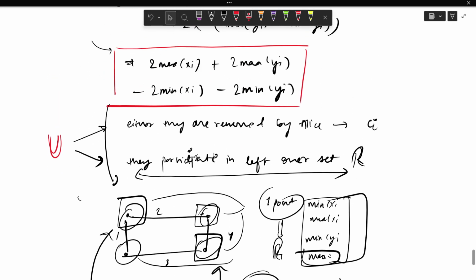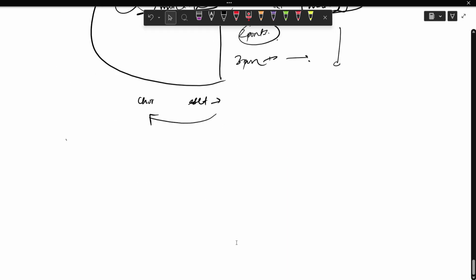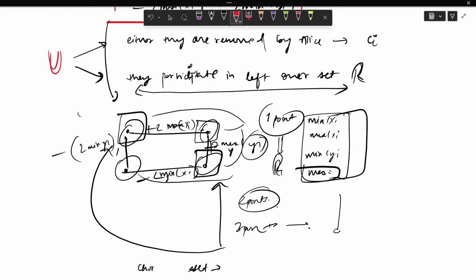So let's just define this as maximum of xi. Let's define this as minimum of xi. Let's just define this as maximum of yi. Let's define this as minimum of yi. We can just assign these any values. This will be -2, this will be -2, this will be +2, and this will be +2. So each of these particular xi or yi can take any of these possible scenarios. But let's just say that these two sides are already occupied.